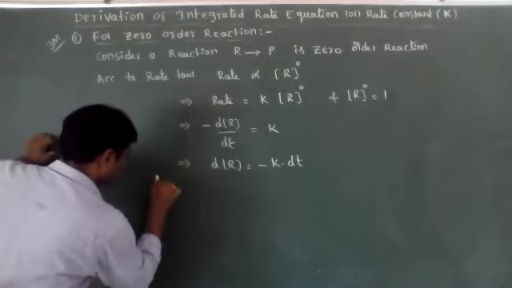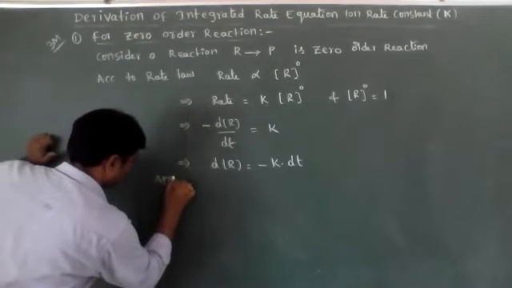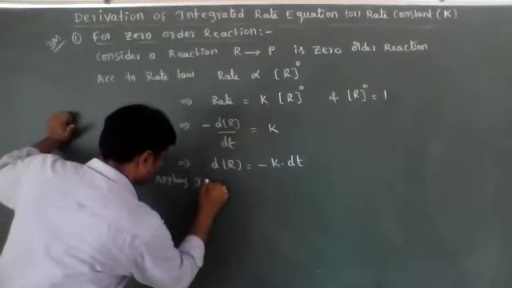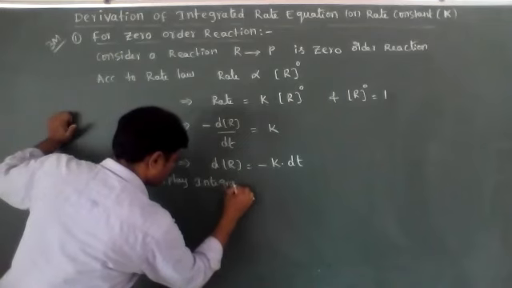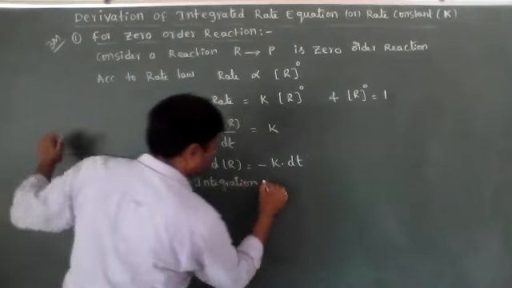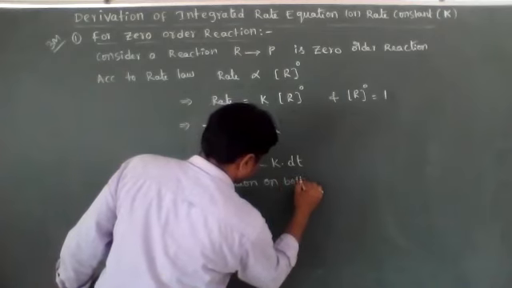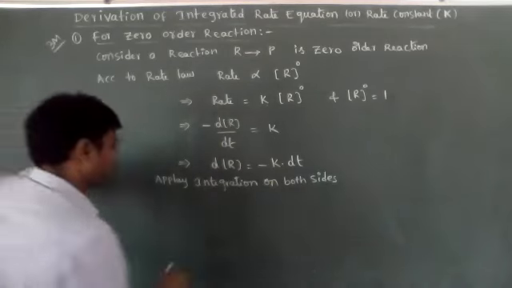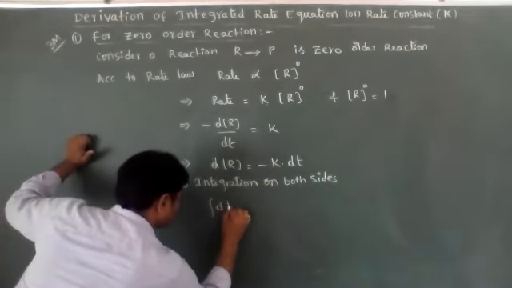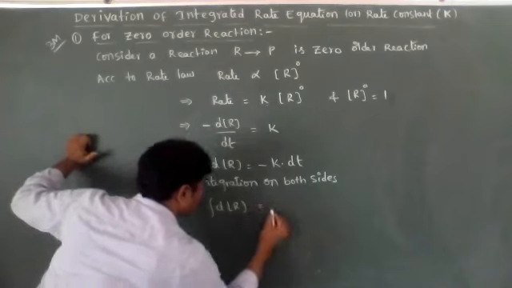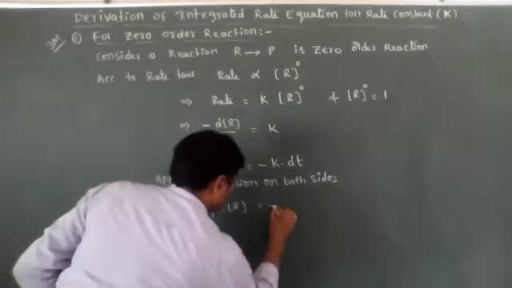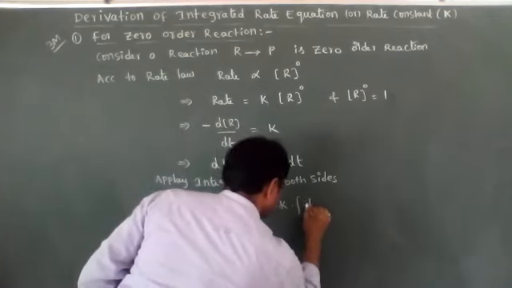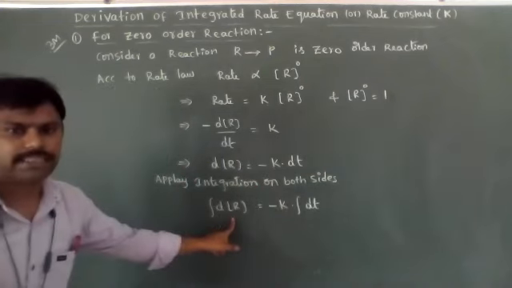Apply integration on both sides. Integral dR is equal to minus K into integral dt, as K is constant.